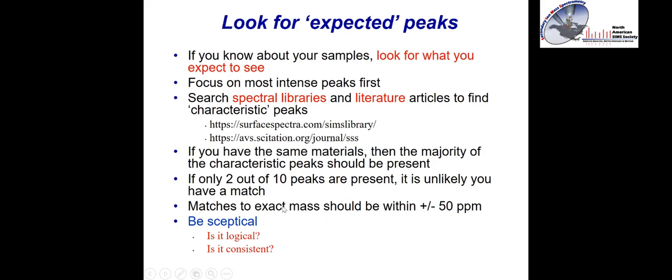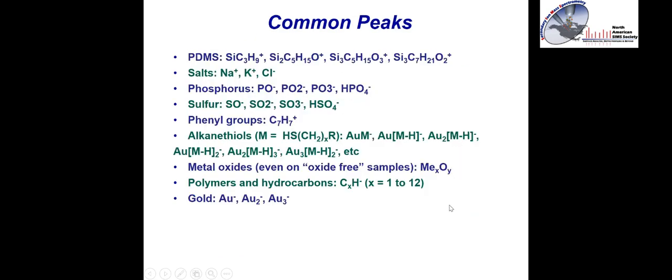And when you're matching masses to expected structures, we always recommend that the match should be within 50 parts per million, which for most SIMS instruments will give you a good rule of thumb of what would be an exact match to a given peak. And I always tell people to be skeptical when you're analyzing your SIMS data. Just don't believe what a mass calculator or the software tells you. You really need to understand whether the matches you're making are correct.